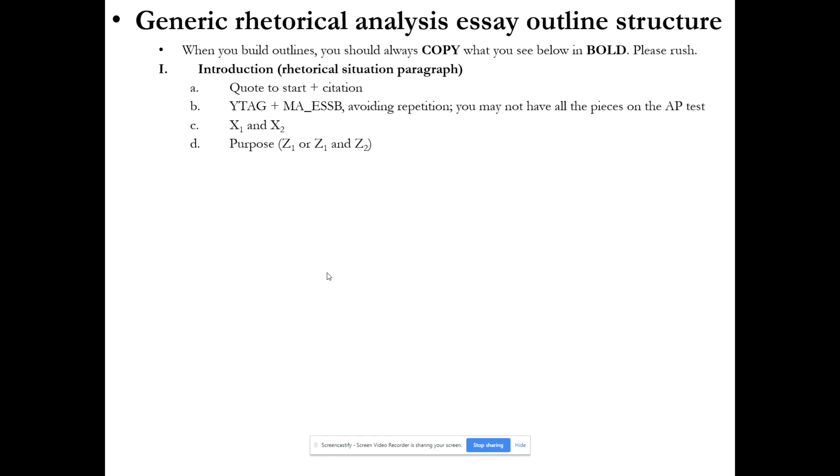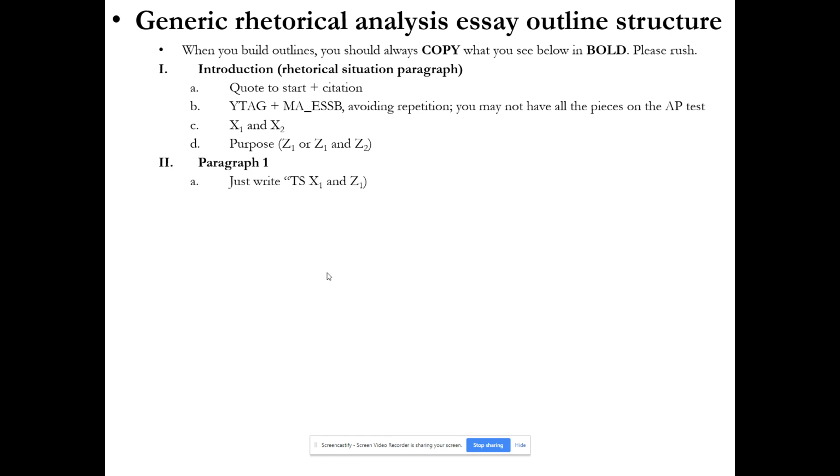You don't have all the background, so it's very possible you might not have all of the pieces of rhetorical situation, and that's fine. You should use in your introduction whatever pieces the test gives you. Then you have X1 and X2, and then you have purpose, and you need to determine what those are right away as soon as you've read the text and start your introduction.